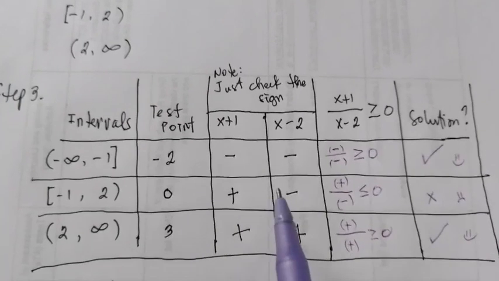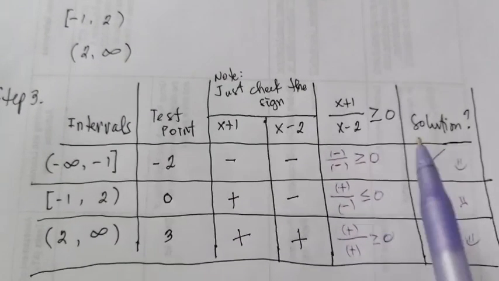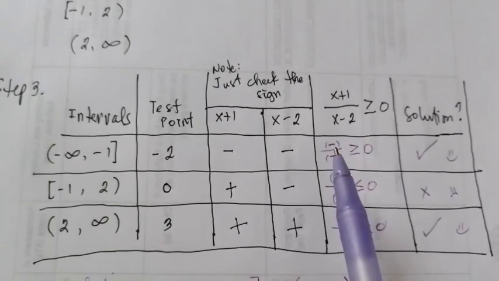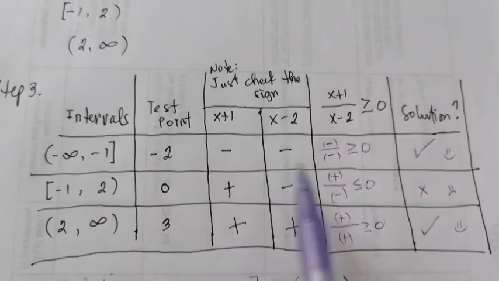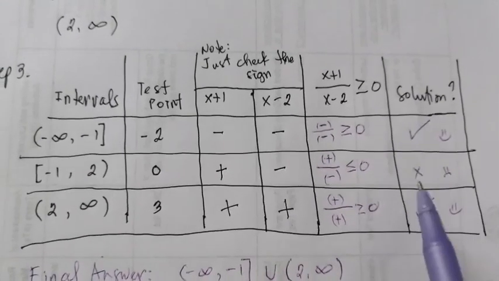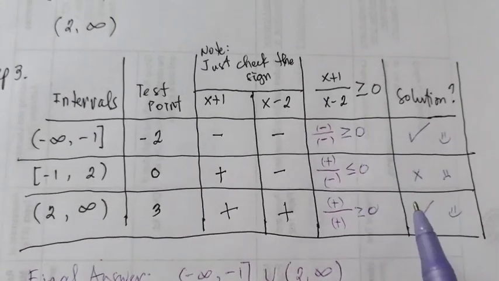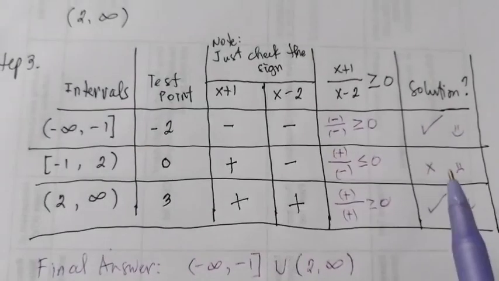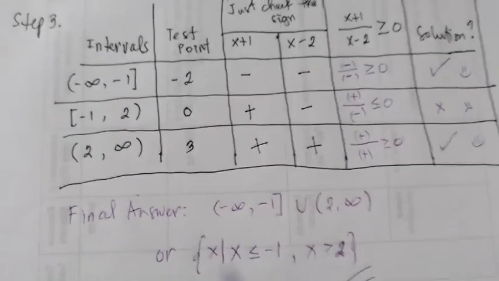Then, do not write the exact answer, just the sign. Then, magte-test tayo dito ng mga sign na yun. Syempre, kung ano yung nakalagay doon sa expression natin, yun ang ilalagay nating sign. Okay? Then, check natin kung tama ba yung solution. So, check if satisfied doon sa inequality natin. So, if not, x. Then, i-finalize mo kung ano yung pasok doon sa inequality, yan na ang ating final answer.